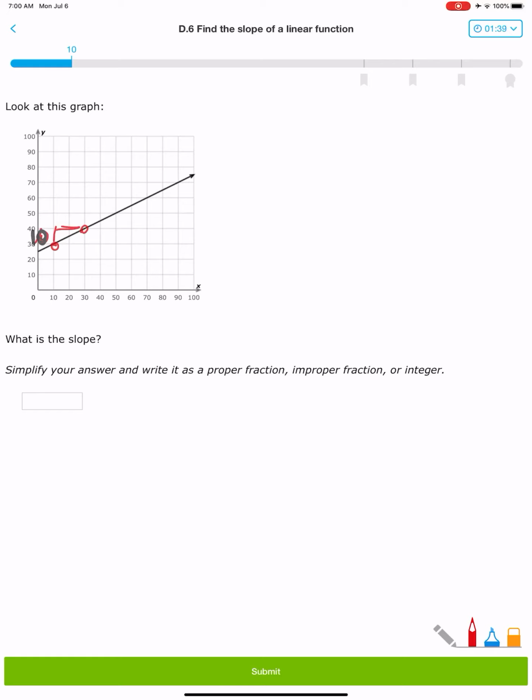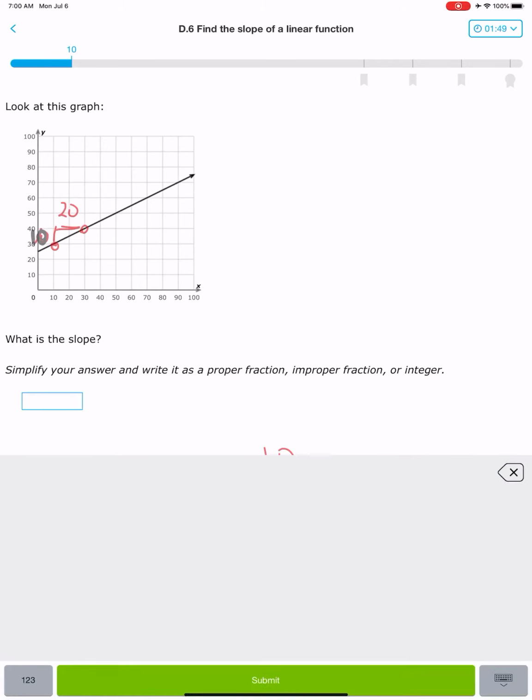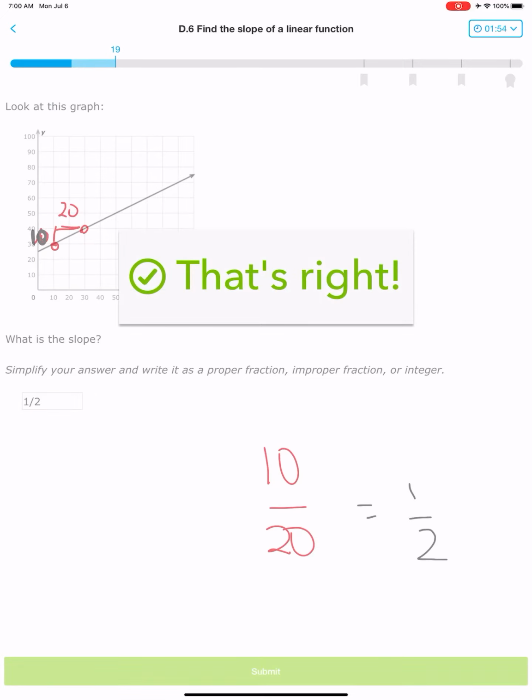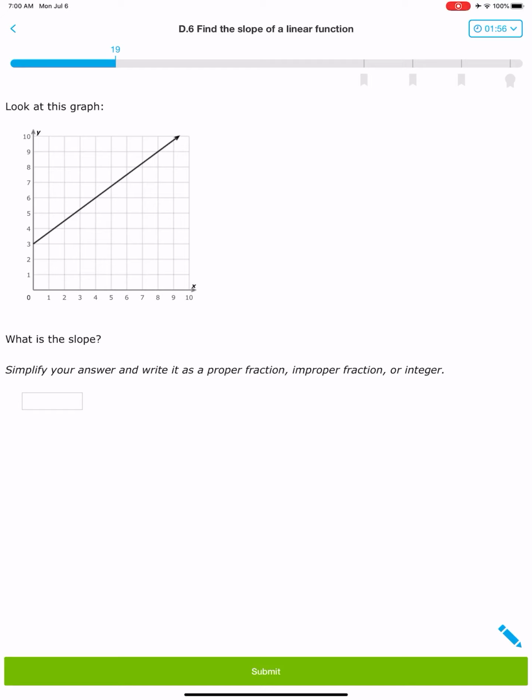From 10 to 30, there's 20 spaces. So we got 10 over 20, which is also 1/2. Okay?